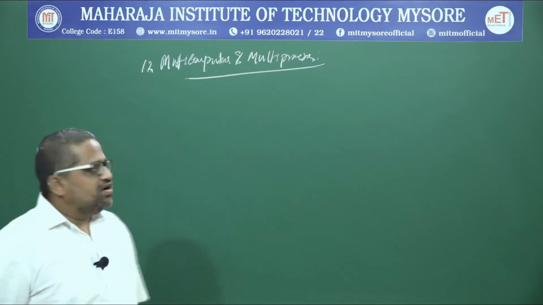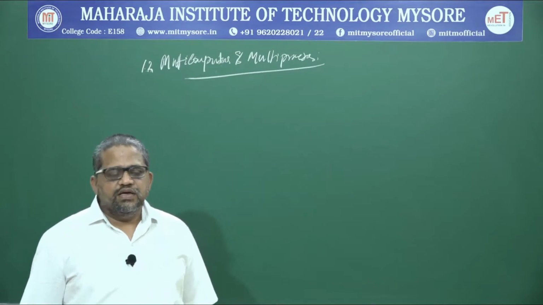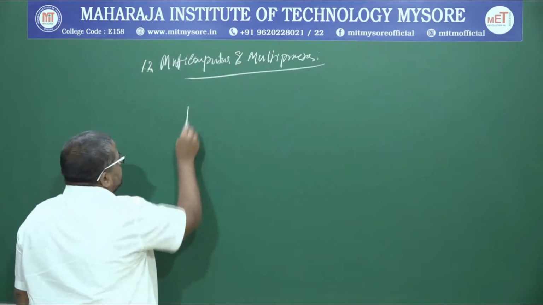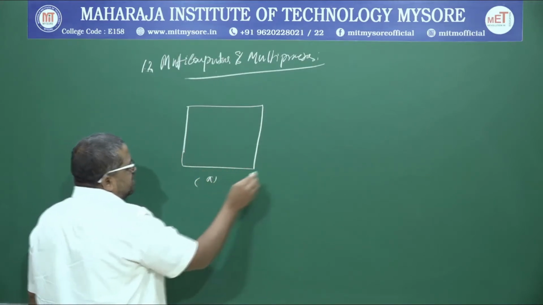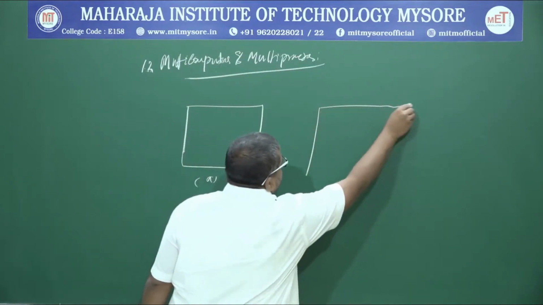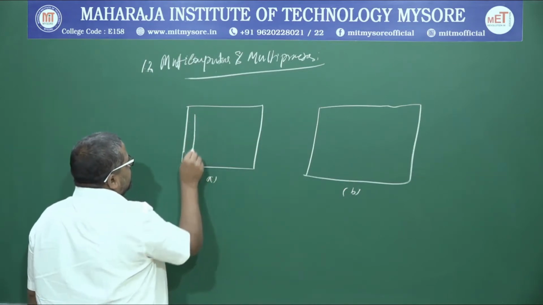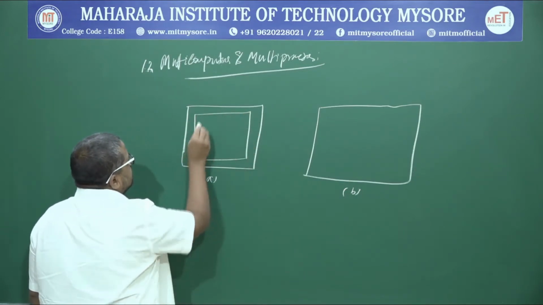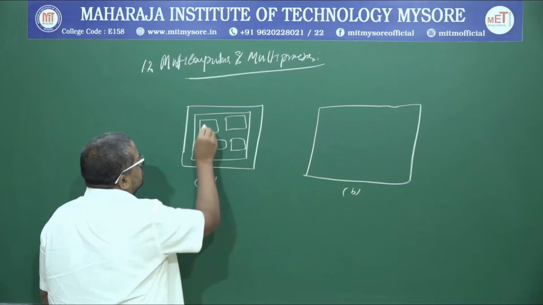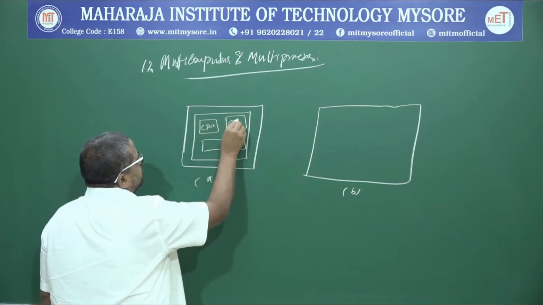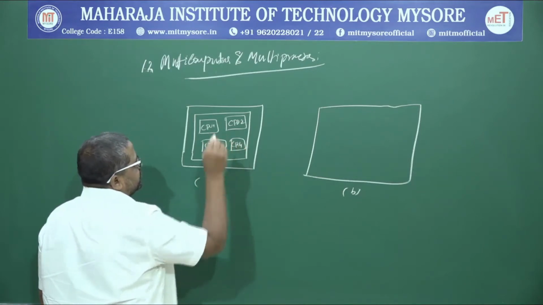Now let me draw a small figure. Using that figure you can make out what is a multi-computer and a multiprocessor, right? I am going to draw two figures. This is figure A and then this is figure B. In figure A, I am going to have one computer and then it has got CPU 1, CPU 2, CPU 3, CPU 4, right?